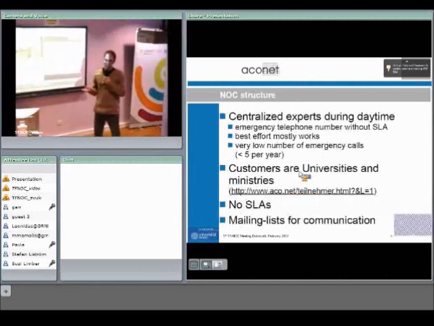We do not have outsourced anything except what I mentioned with the local stuff on the ACOnet POPs, but everything scheduled is done in Vienna. We also have an emergency telephone number. This number is public, everyone can call it and leave a message out of office hours, and this machine then tries to reach one of our network engineers.